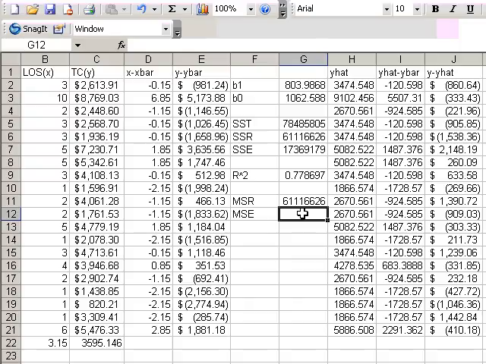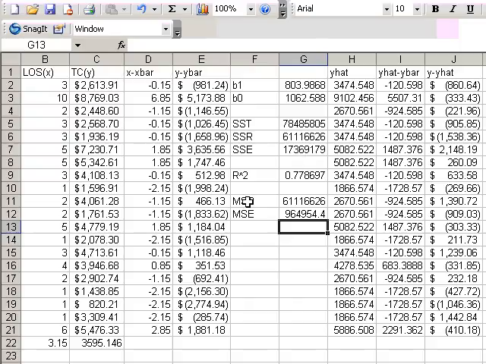So the mean square error is equal to the sums of squares due to error divided by n minus 2. In this case, n is 20, so 20 minus 2 will be 18. And the sums of squares error is approximately 964,000.